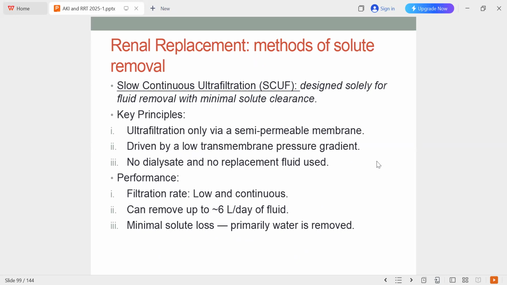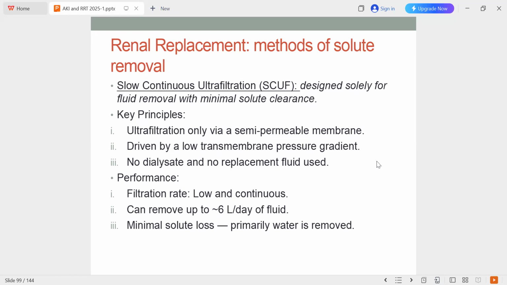Then we have the slow continuous ultrafiltration. This is designed solely for fluid removal with minimal solute clearance. All right, the key principle is ultrafiltration via a permeable membrane. This is driven by a low transmembrane pressure gradient.